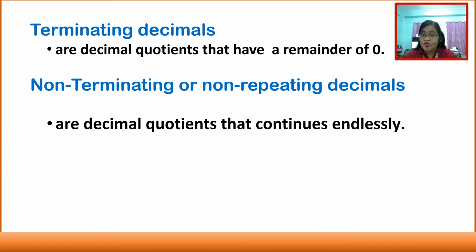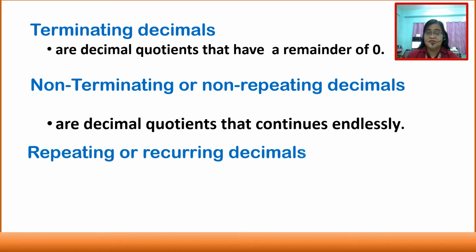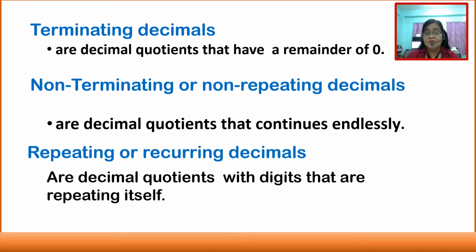You will just continue dividing and dividing endlessly. And repeating or recurring decimals are decimal quotients with digits that repeat themselves. And you are going to find out the difference between the three as we go along with our lesson for today.